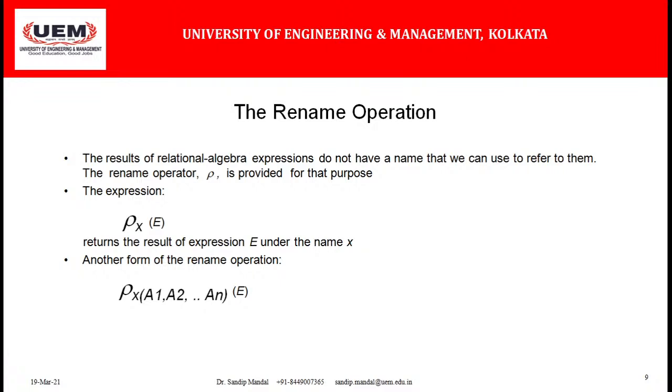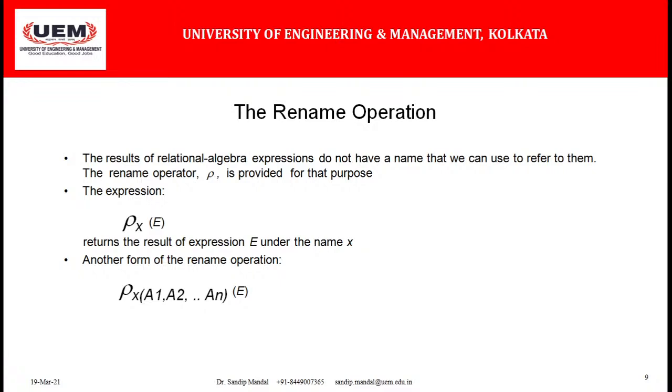So for that purpose we use a rename operator, that is the rho operator. In your SQL query, sometimes you may use a rename option, for example to set a column name.